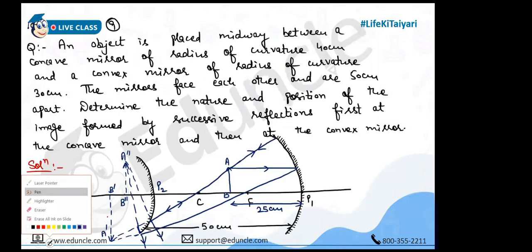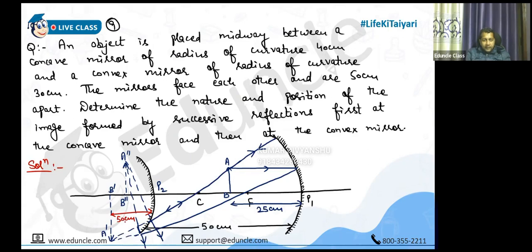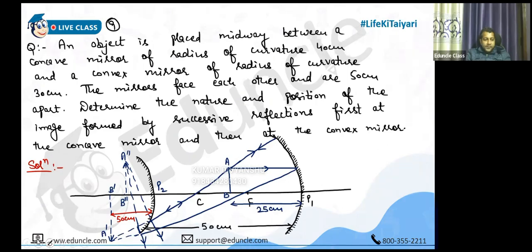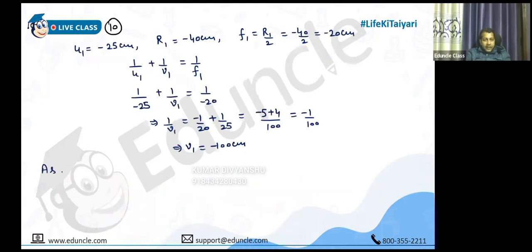Yes sir, the object distance for that convex mirror is 50 centimeter. So now you can take it as u. And one more thing, as v1 is negative, it means image is real. Yes sir, magnified approximately 4 times, inverted.